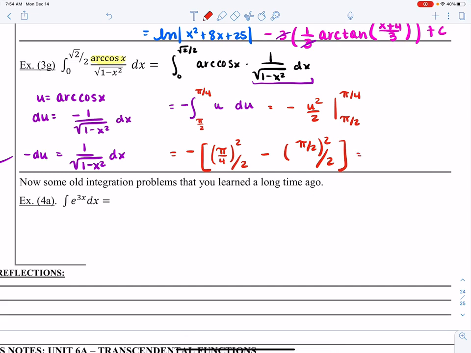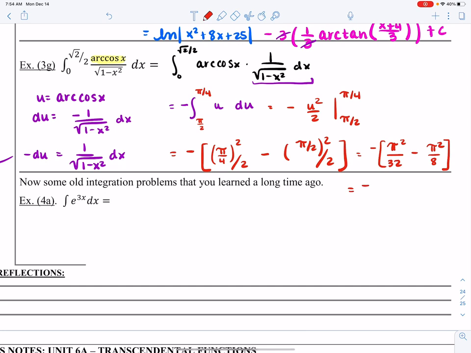I'm going to end up with pi squared. 4 squared is 16. 16 divided by 2 is going to give me 32. And then I've got pi squared. 2 squared is 4. 4 divided by 2 is going to give me 8.